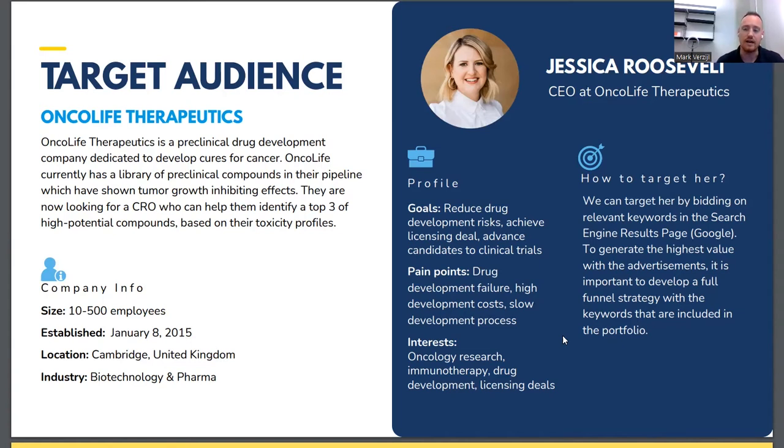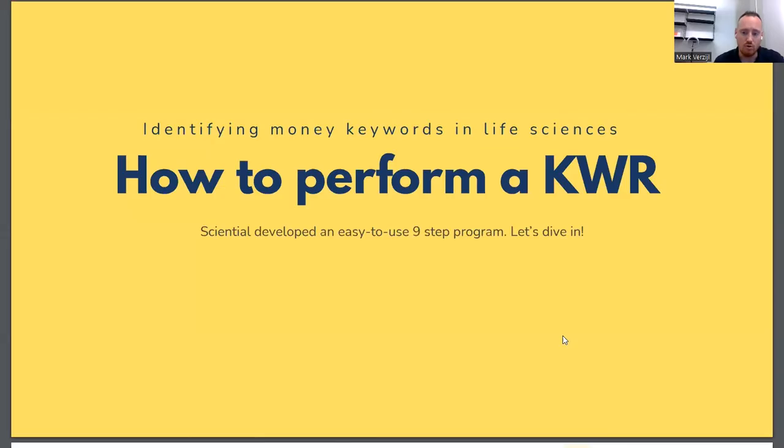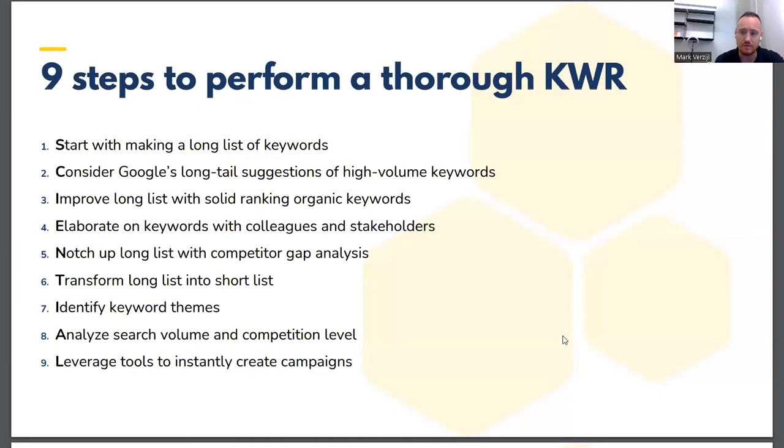But today, as said, we're going to discuss Google. As introduced, we have these 9 steps developed. The 9 steps make up the word SCIENTIAL. But basically, it all starts with making a long list of keywords.